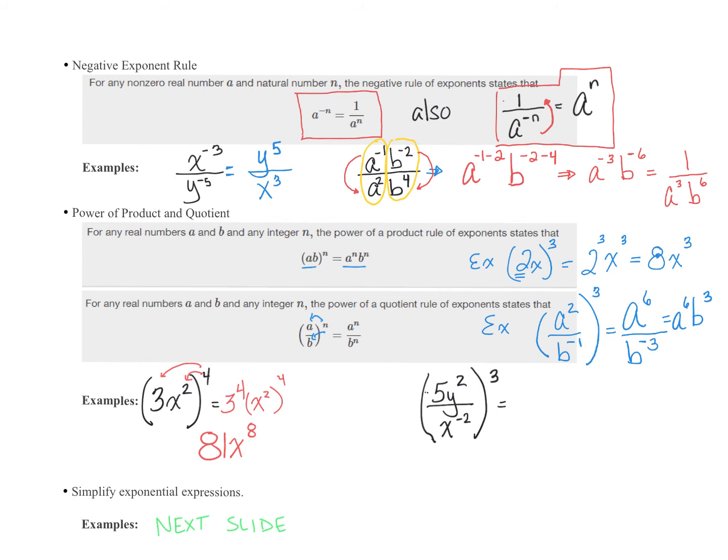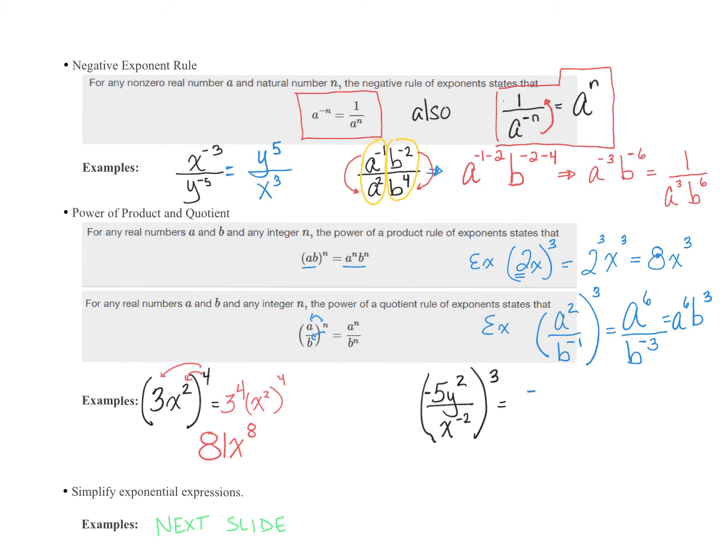I'm going to change this one just slightly and make it negative 5 y squared over x to the negative 2, cubed. Now I want to point out that I can handle this x to the negative 2. I could move that up first and then cube everything, or I could cube everything from the start, and that's what I'm going to do in this particular case.